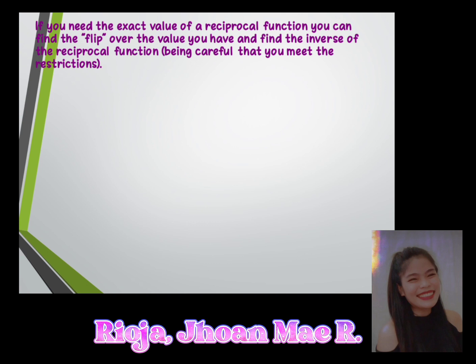So now let's proceed to the example. If you need the exact value of the reciprocal function, you can flip the value you have and find the inverse of the reciprocal function, being careful that you meet the restriction. So secant inverse of negative 2 equals cosine inverse of negative 1 half equals to.